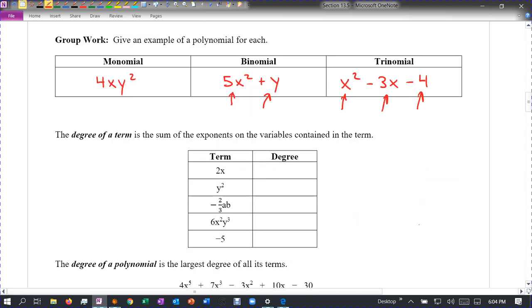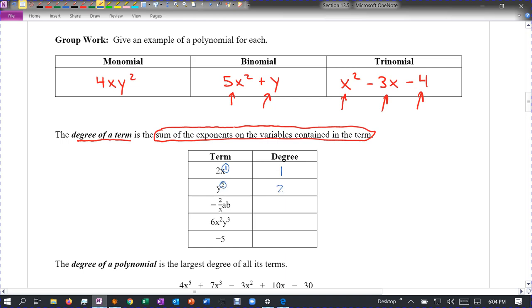Now, the degree of the term is the sum of the exponents for all the variables contained in the term. So let's take a look here. On this next example here, we have the term 2x, so x to the first power. The degree of that term would be the sum of all of the powers that we see. And we only see that power 1, so the degree of that's 1. Here on the next one, we have y squared.